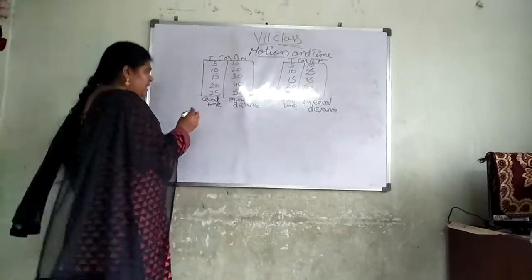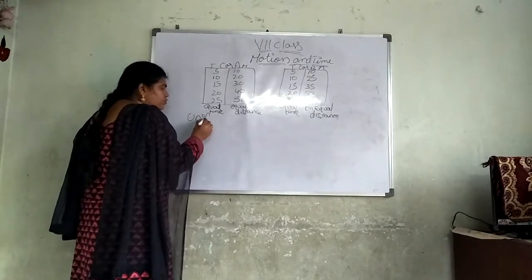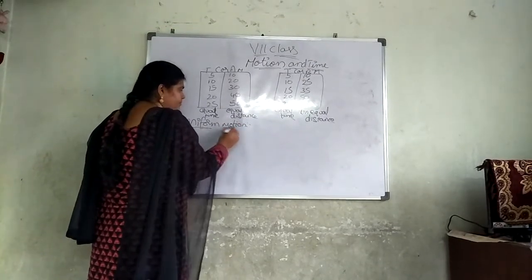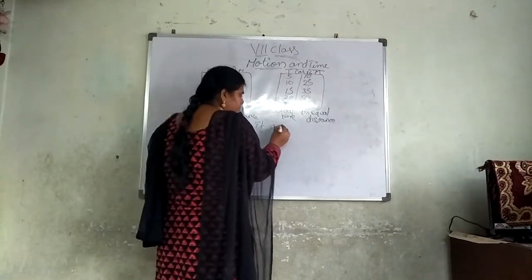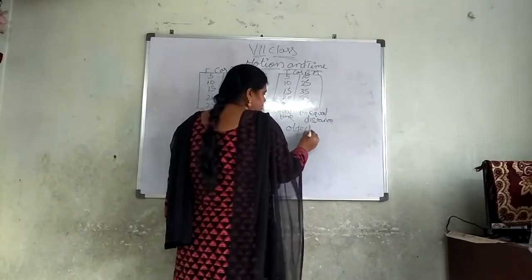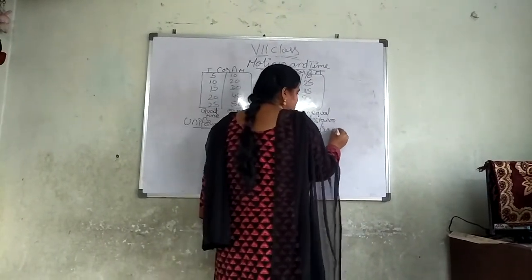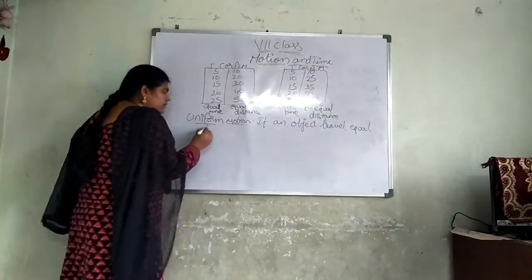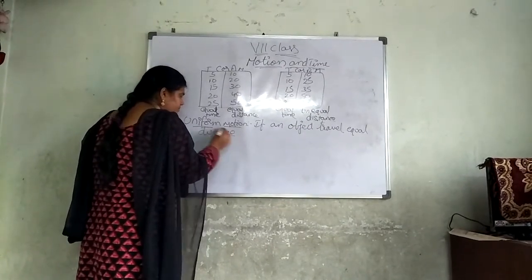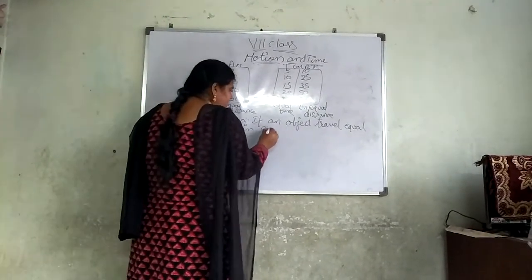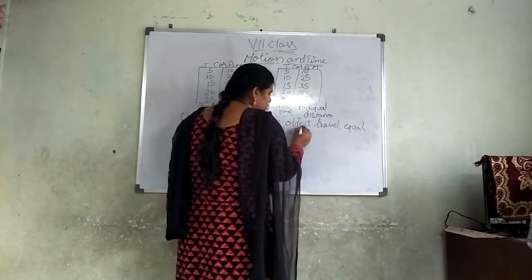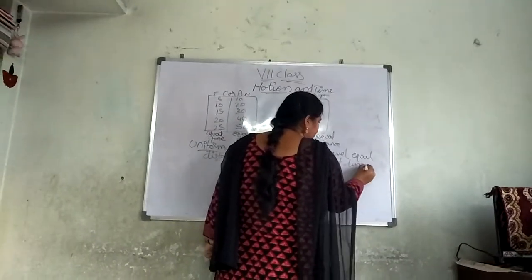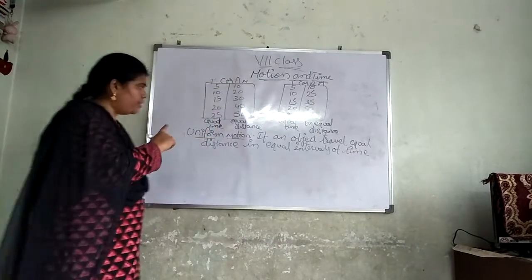So we are talking about two types of motions. First one is uniform motion. If an object travels equal distance in equal intervals of time, it is called uniform motion.